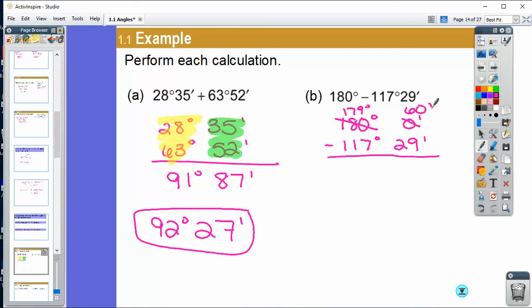Now we subtract. 60 minus 29, 41 minutes. 179 minus 117, 62 degrees. Everything okay with that?